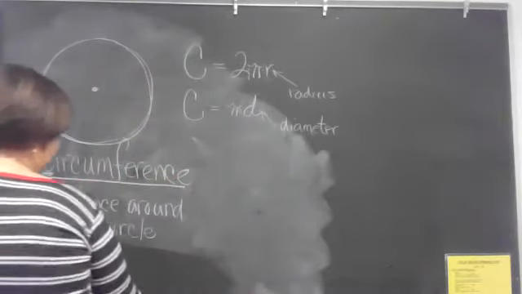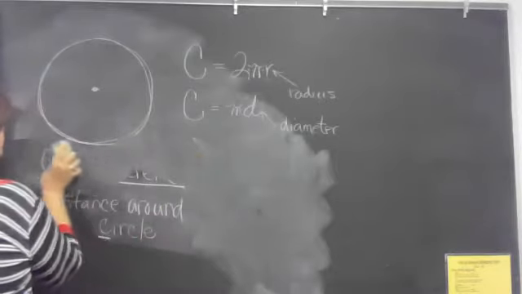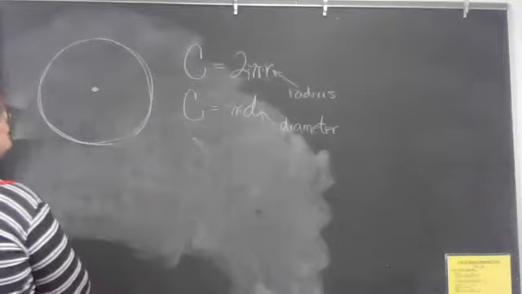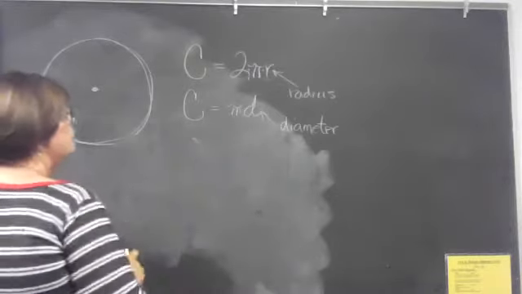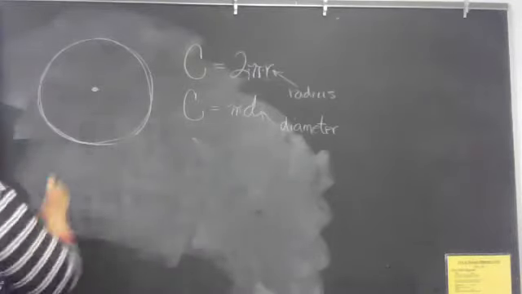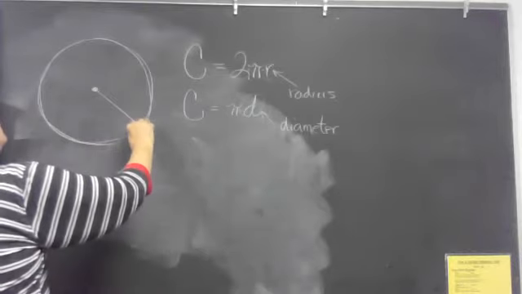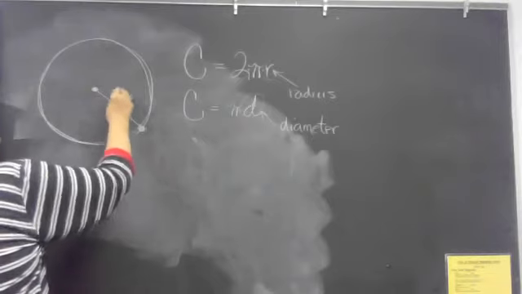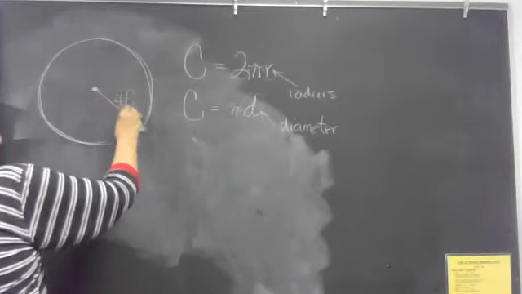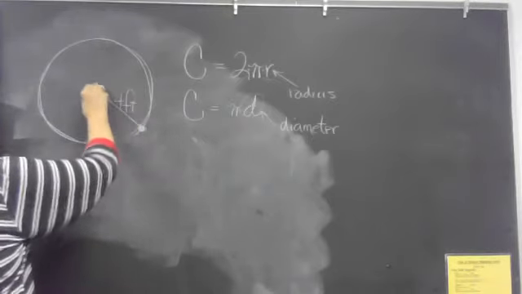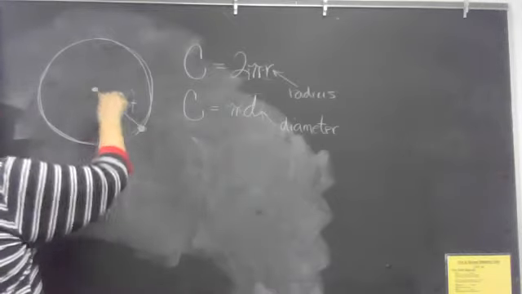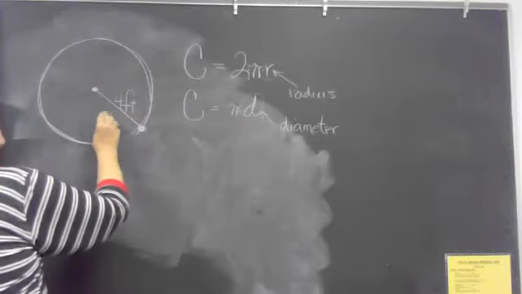So let's do a problem here. And I want to find the distance around this circle. I'm going to talk to you about pi, so don't get frustrated. Let's say that your problem looks like this, and it says 4 feet. The distance from the center to the outside is 4 feet, and the distance from the center to the outside is called the radius.